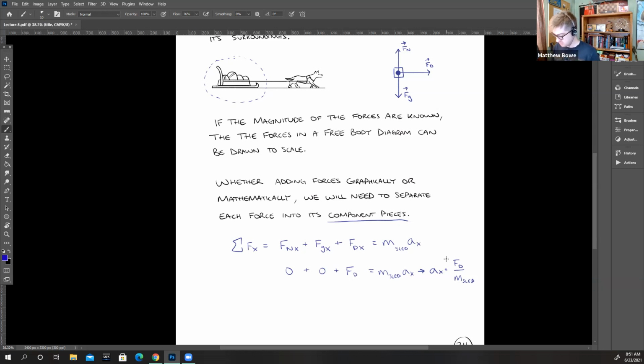All right, so that is me just focusing on the x component. Let's focus just on the y component now. It's going to be the same exact thing, except for the y component.